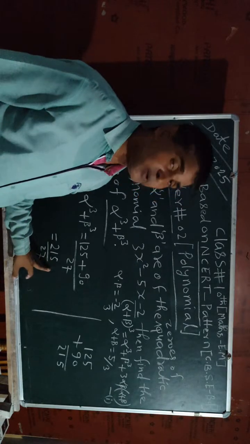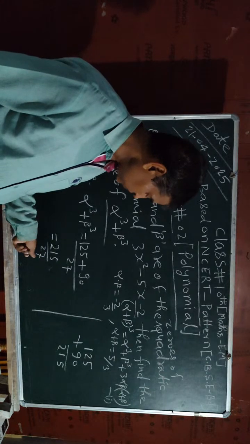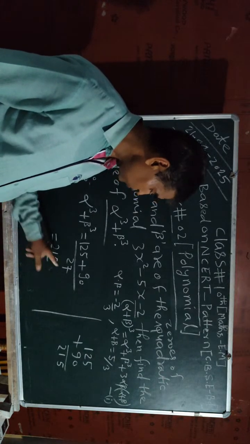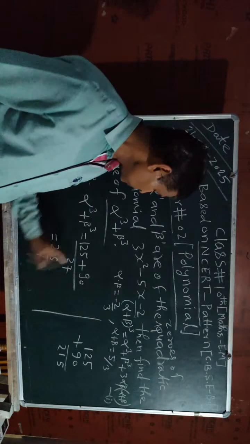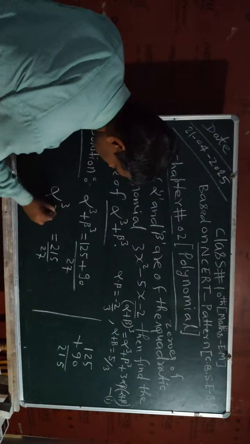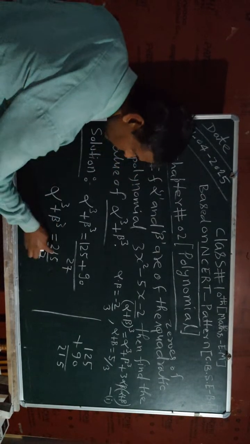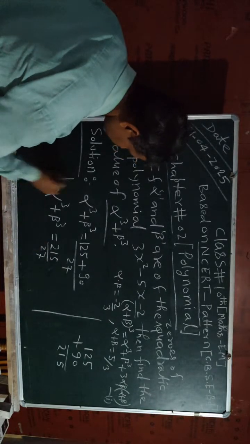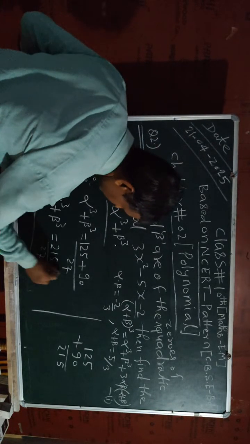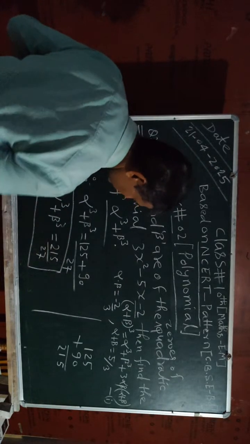So 8 cannot be divided by 3. So this denominator can be divided by 3, but the numerator cannot be divided by 3. So I will write alpha cube plus beta cube, which is equal to 215 divided by 27. This is the answer of the given numerical. Okay, students.